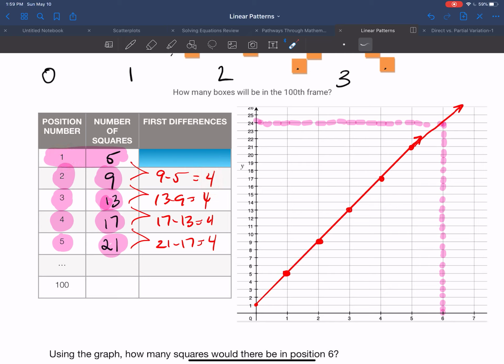I'd have to add 1. So 4 times 1 is 4, plus 1 is 5. 4 times the position number 2 is 8, but again, not quite 9. If I add 1, I get 9. So it looks like it's the first difference, the increase, times the position number, plus 1, which gets us the number of squares.